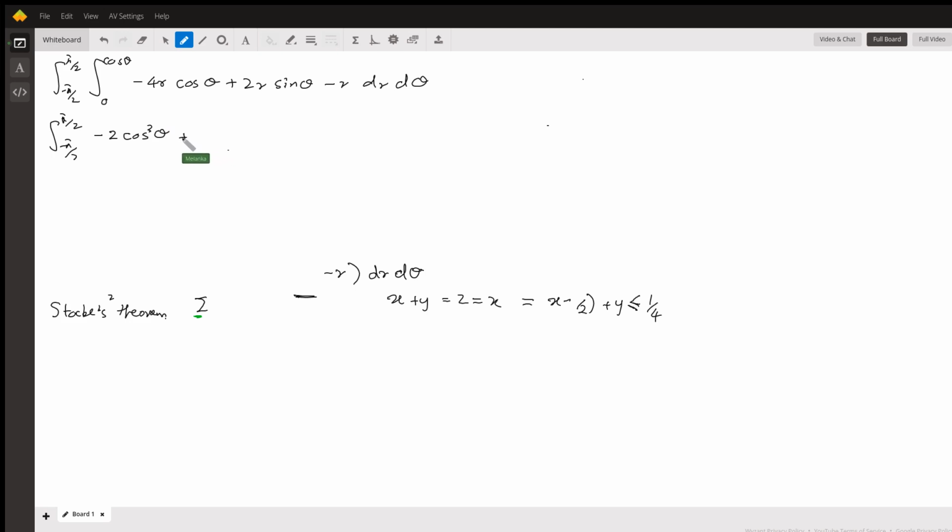And plus cosine squared theta sine theta, and this will be 1/2 cosine squared theta d theta.